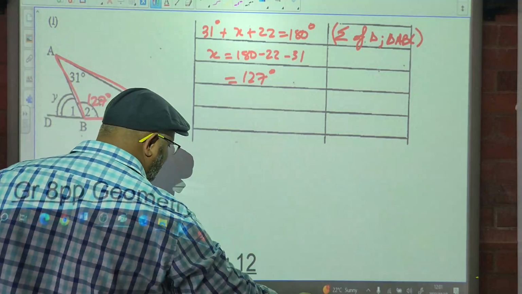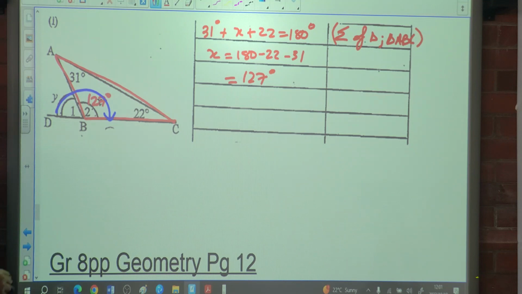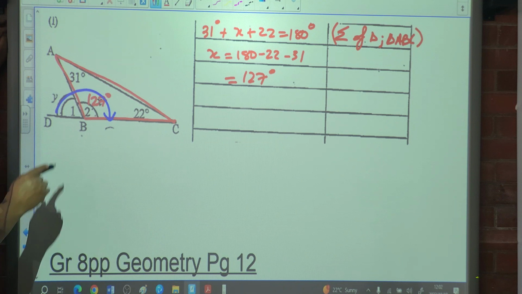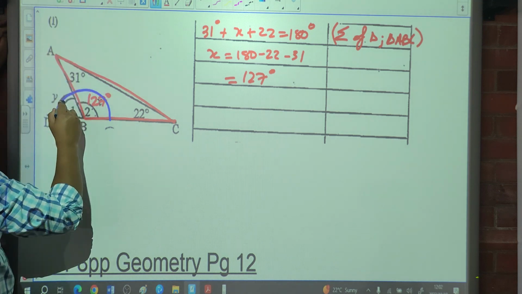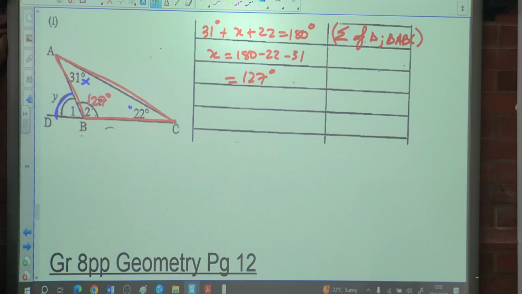So how do you calculate y? Angles on a straight line. So you can say y plus 127 is equal to 180, straight line, or exterior angle is equal to the sum of the two interior opposite angles. Not so?